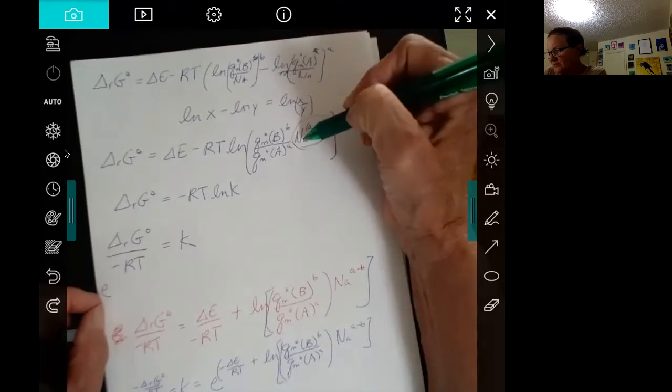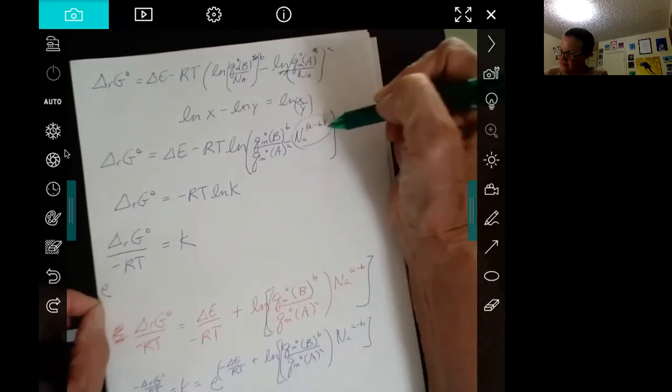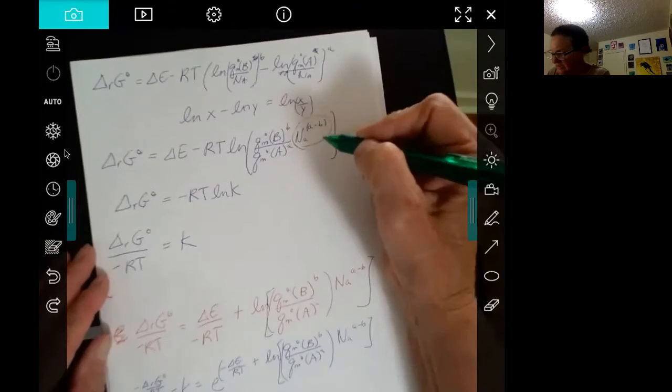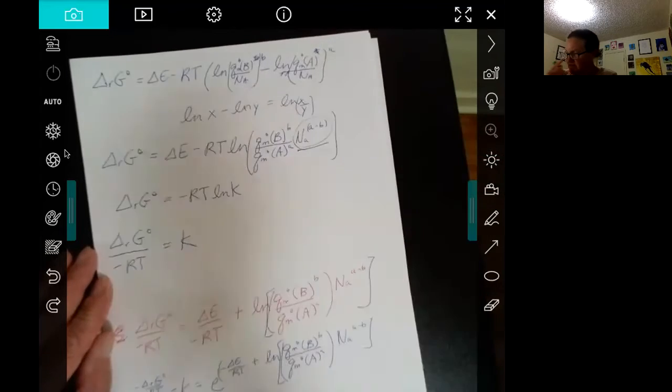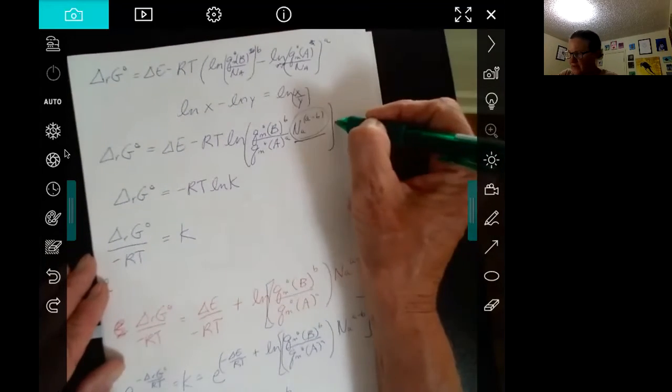And so that ends up being NA raised to the A minus B. If A and B were equal to each other, if you just had 1 mole of A going to 1 mole of B, then all the NAs would cancel. But this term just takes into account how many don't cancel. So here we have our relationship in terms of partition functions.